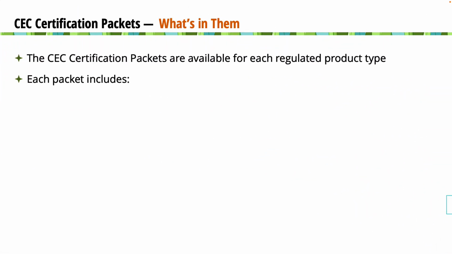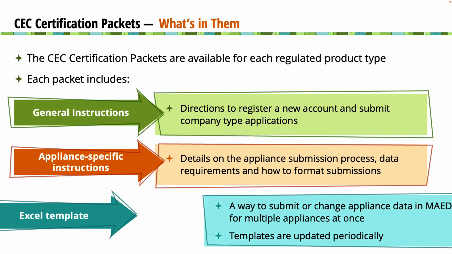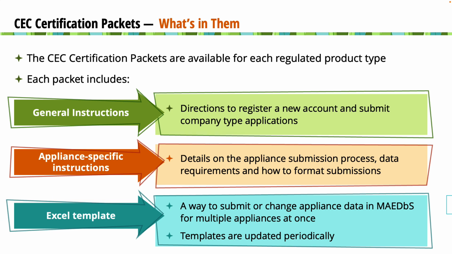CEC certification packets contain useful information for each regulated product and make the certification process easier. Each packet includes instructions for creating an account and submitting an application, appliance-specific instructions for the product you are certifying, and an Excel template you can use to submit data for multiple appliances at once.